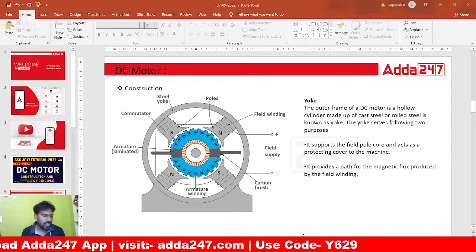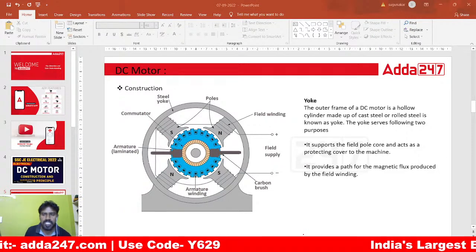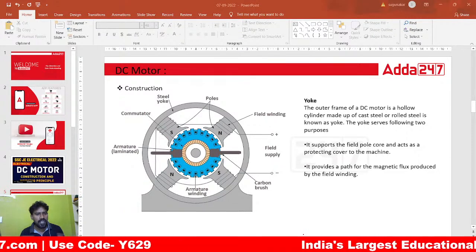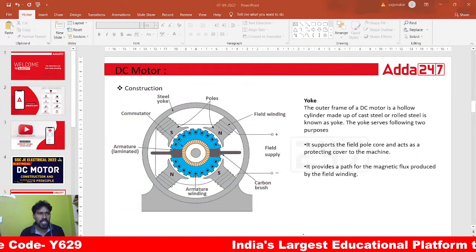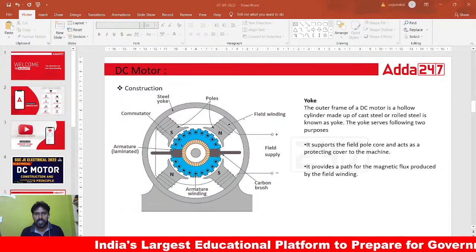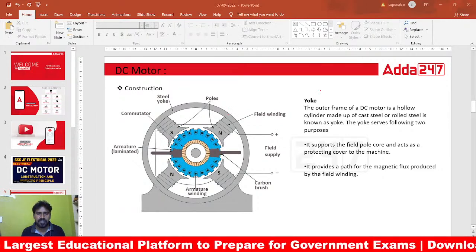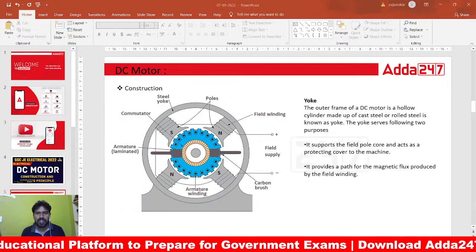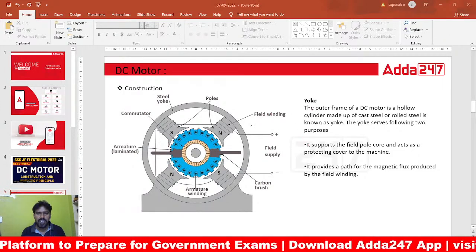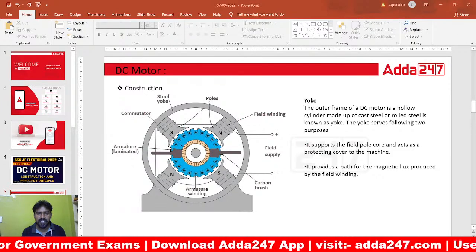Now you can see the working principle. I already explained how the armature is rotating. Here is the field, and I am going to take one conductor.